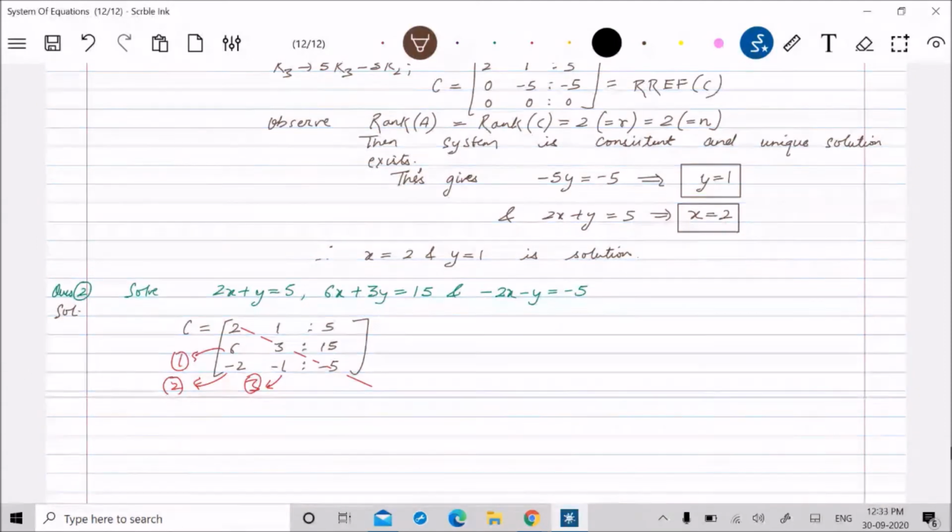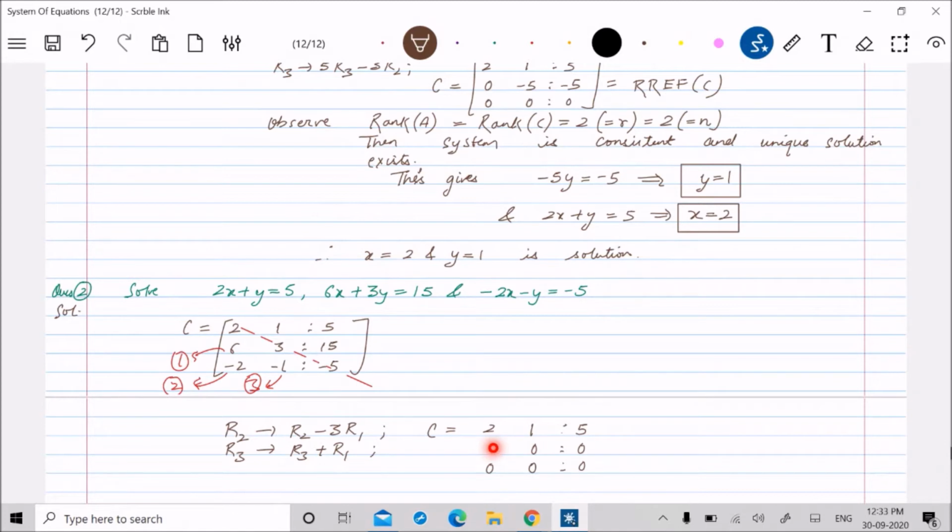So if you apply the operation, the operation should be R2 implies R2 minus 3 times R1, and R3 implies R3 plus R1. So these are the two operations which will help you to get the equivalent form in just one step, I think. Yeah, 0, 0, 0, and this also will be reduced to 0, 0, 0. So we are lucky this time that in just one step we got the equivalent form. So this is RREF, infinite solution.